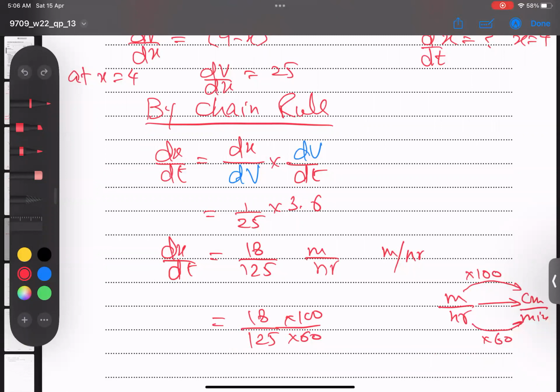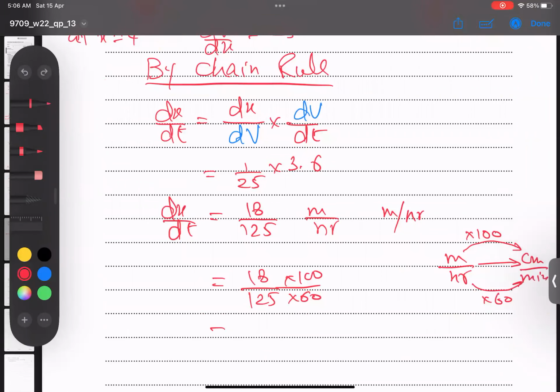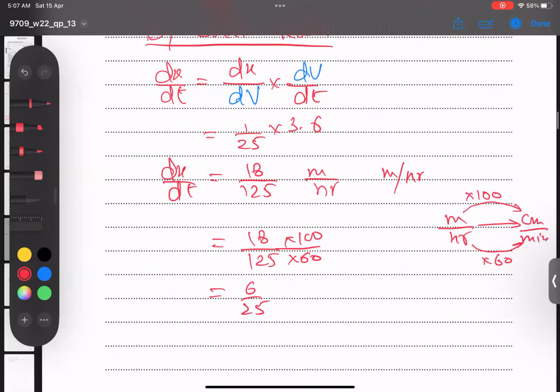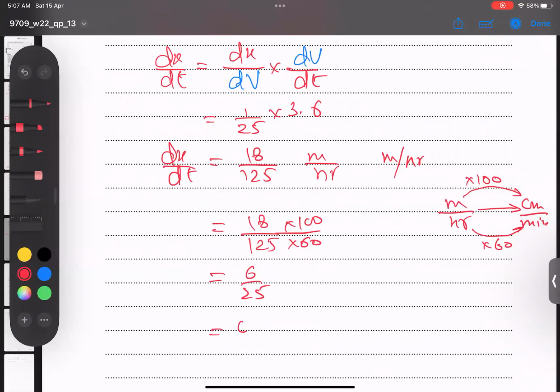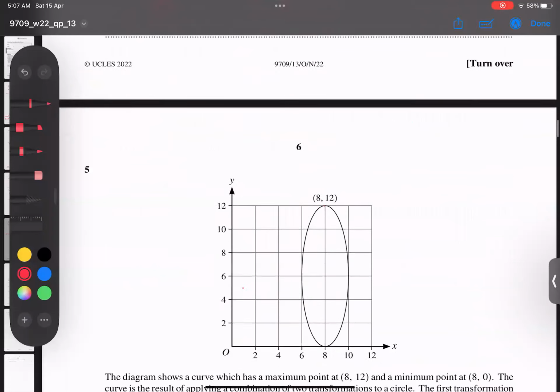I hope the point is very clear. And my answer finally comes here, 6 by 25, or in decimal 0.24 centimeter per minute. I believe you got the point very clearly.